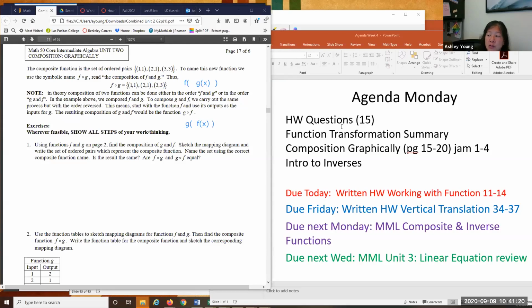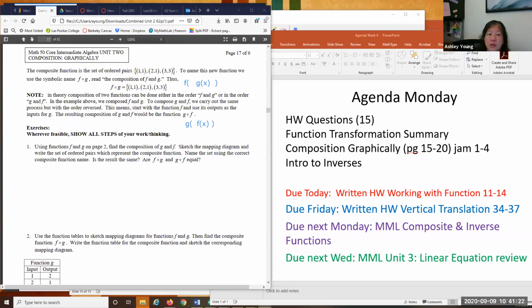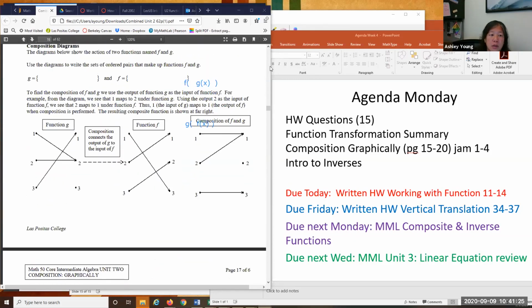On the last page, we did G. Here's G. I'll type them in here so we have them. G is: 1 goes to 2, 2 goes to 2, and 3 goes to 1.